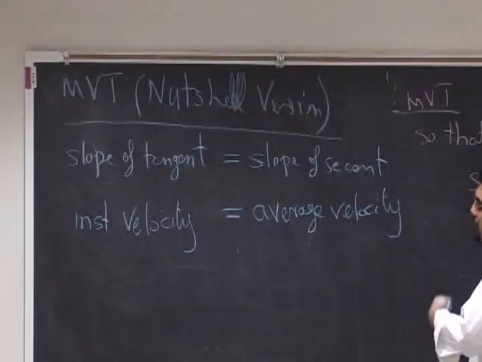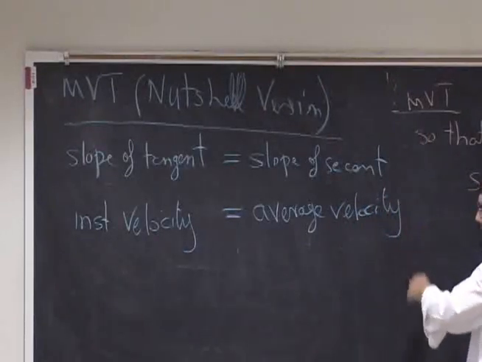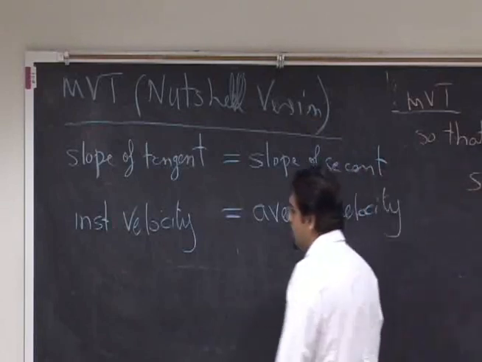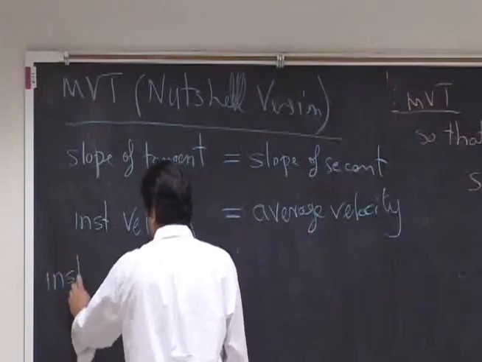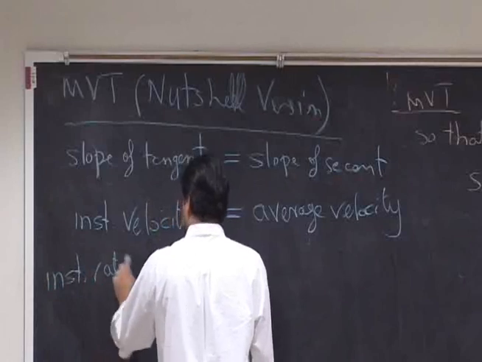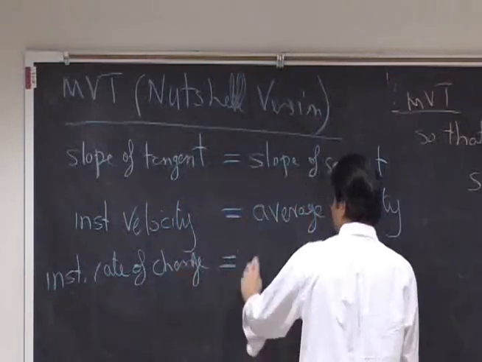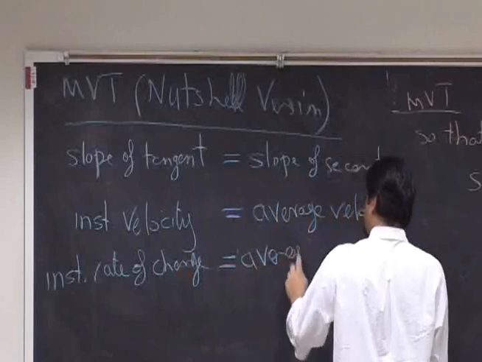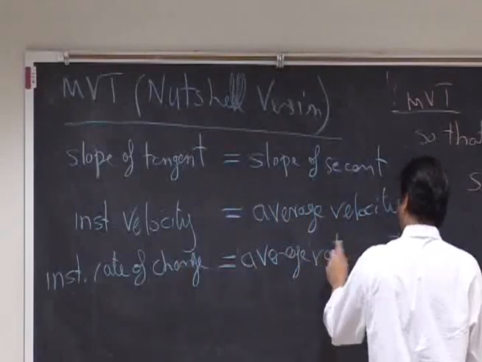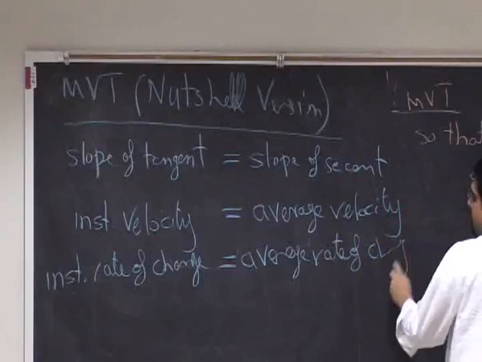And now, since we're talking about rates of change, we don't have to only stick to physical applications. We could say instantaneous rate of change equals average rate of change.